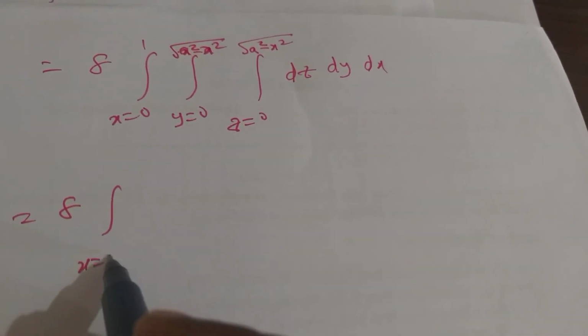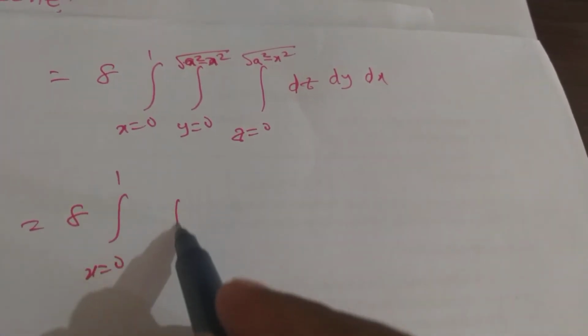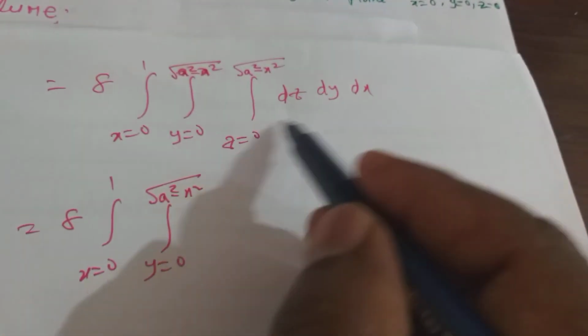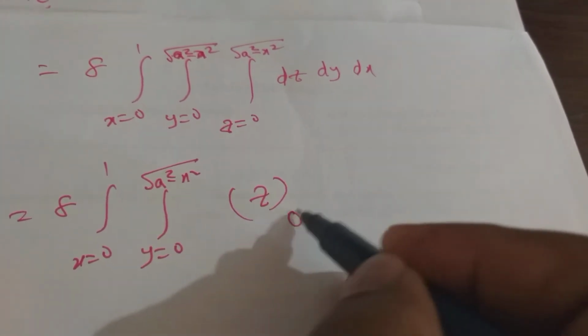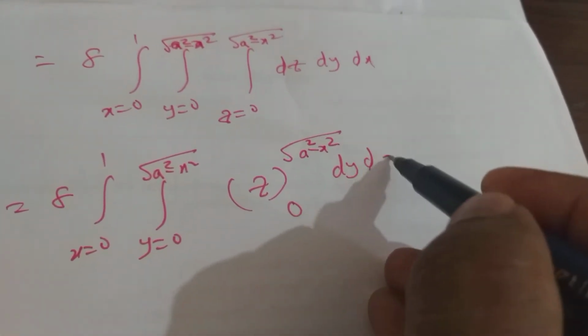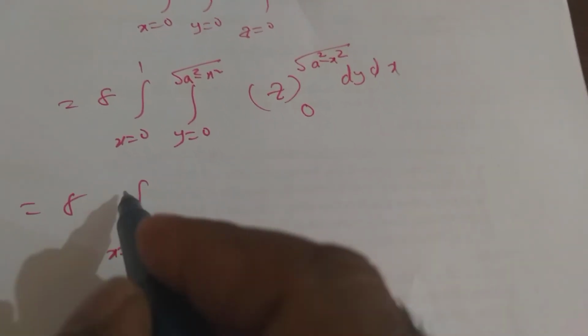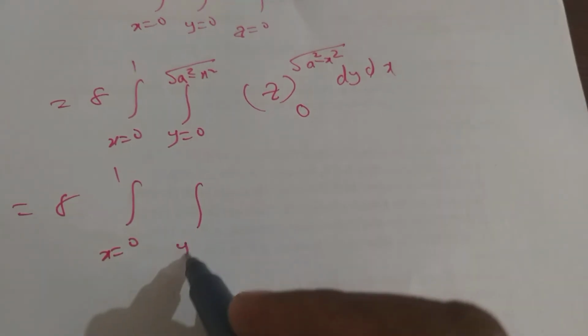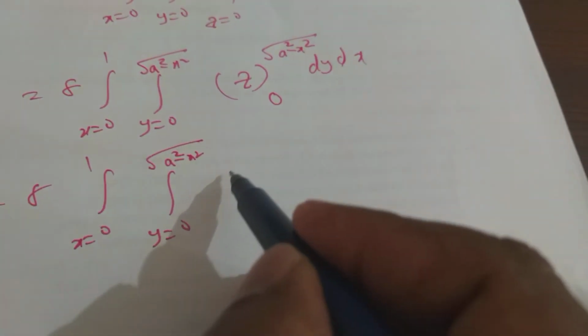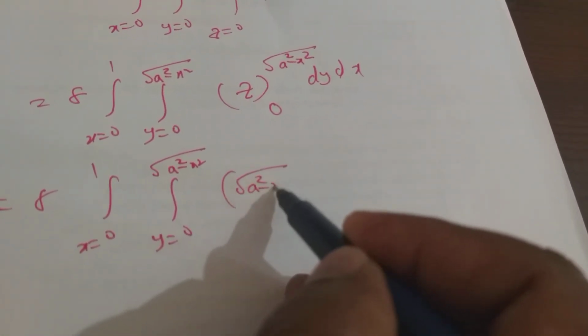8 into integrating x from 0 to a, y equal to 0 to root of a square minus x square. Now integrating with respect to z is z, and limits are 0 to root of a square minus x square, dy dx. Using the upper limit in place of z, it is root of a square minus x square, lower limit is 0.